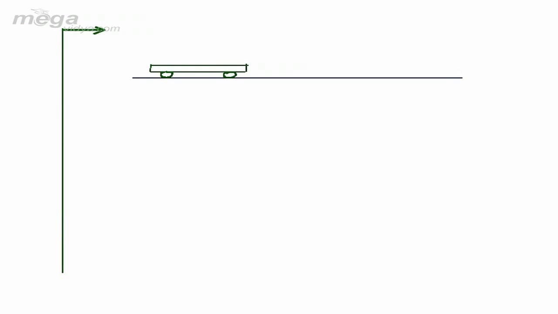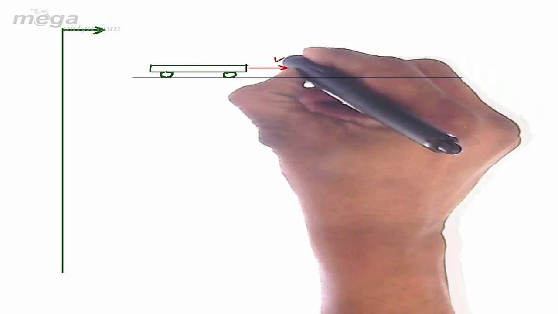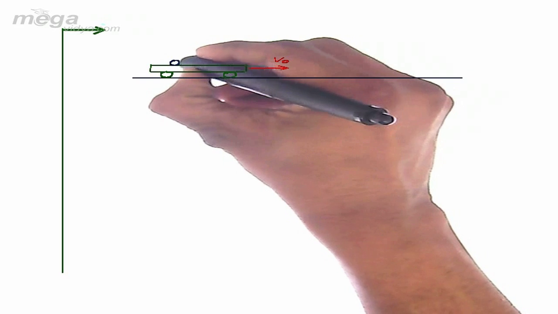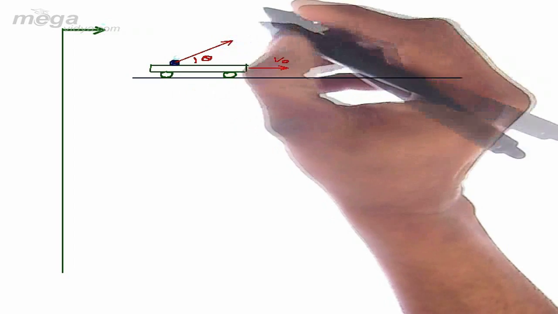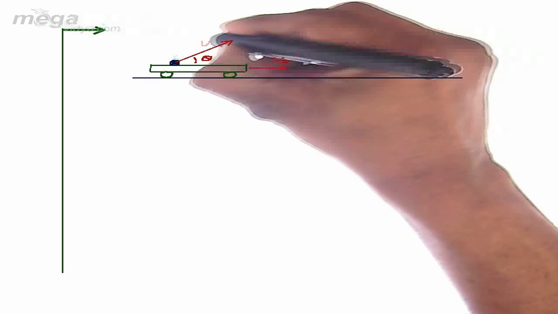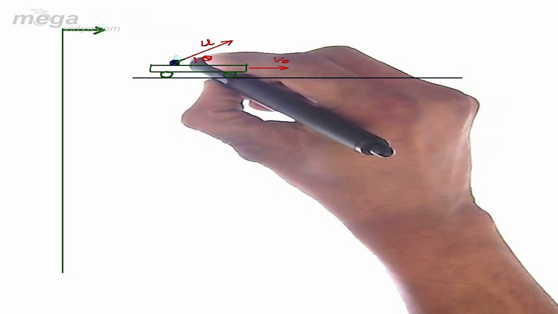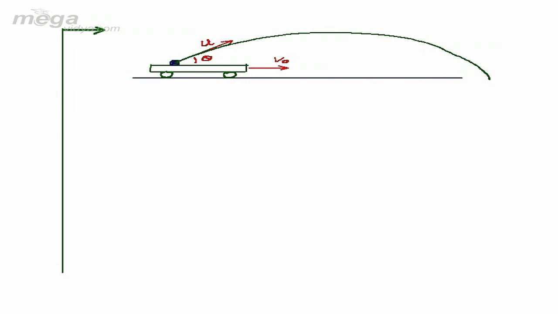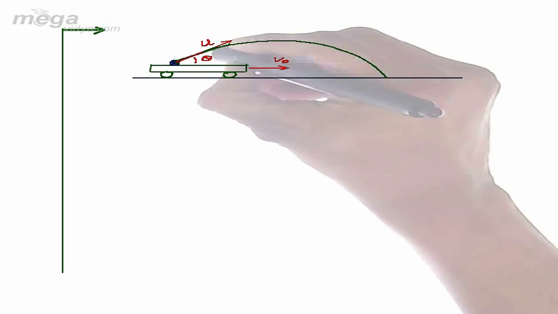A trolley is moving in this direction along the horizontal with velocity say v0, and we throw a projectile from this trolley at an angle theta with the horizontal with velocity u relative to the cart. In this situation, the possible path followed by this projectile will be of this type, reaching the ground.